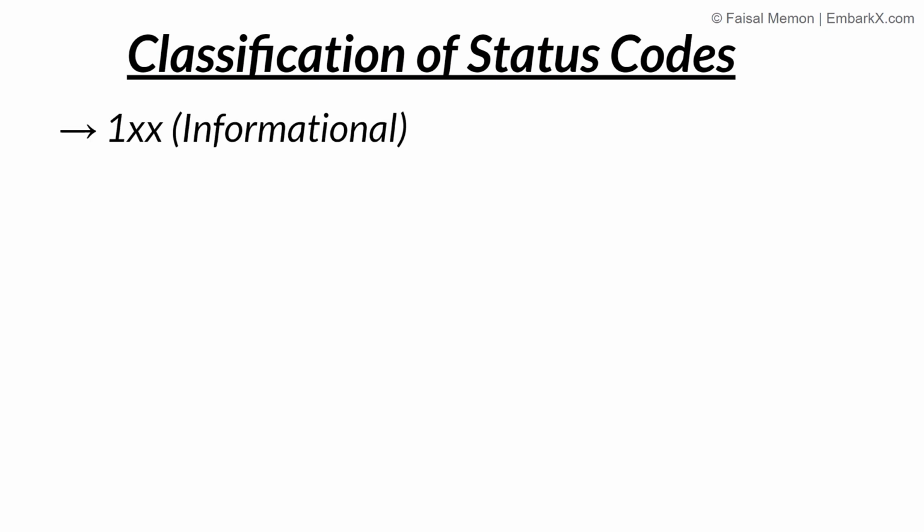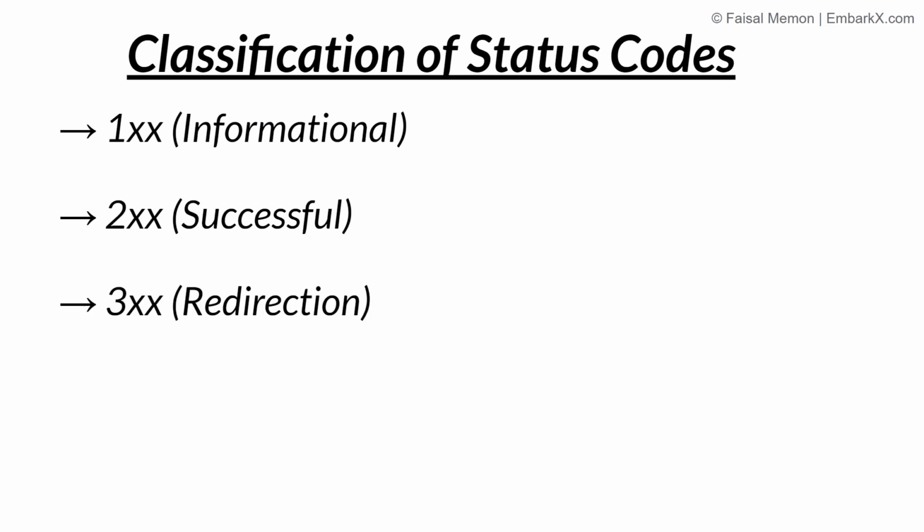So for example, you have this one category which starts with 1, and this means informational, and it indicates that the request was received and the process is continuing. Then you have 2XX, so it can be 200, 201, and this indicates that the request was successfully received, understood, and accepted.